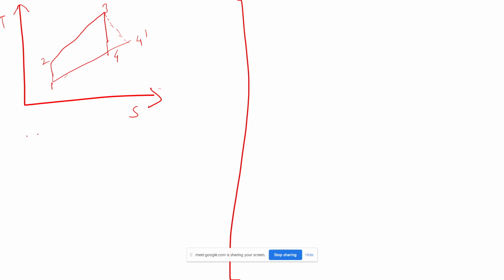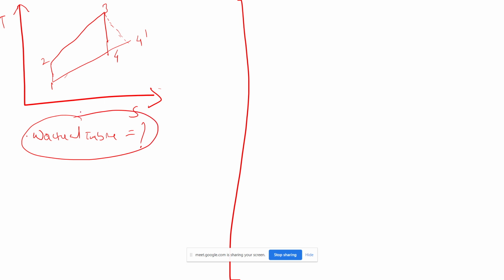So what we have to find is the actual work output for the turbine.